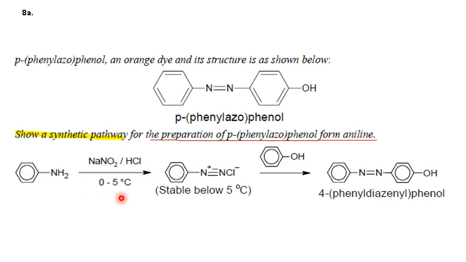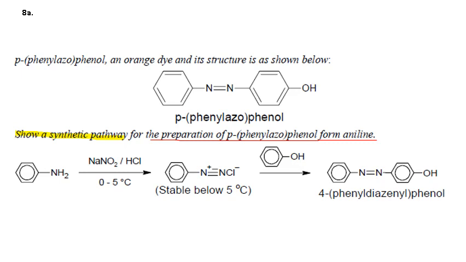Because this condition is more stable to form the benzene diazonium salt. Then the benzene diazonium salt will react with phenol to produce 4-phenyldiazenylphenol. So actually this is like a condensation process.